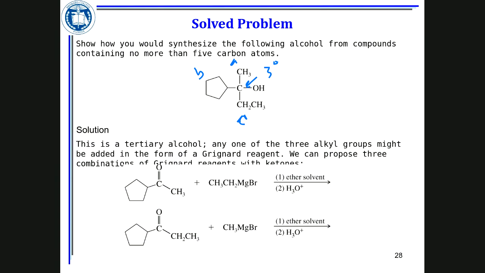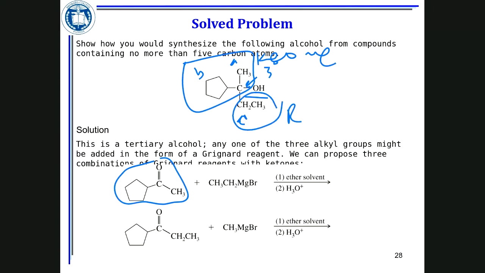If it's A and B, you get this ketone. The other group is going to be responsible for the Grignard. So if you take this piece as the ketone, then this one is going to be your Grignard, basically RMgX. Either one of them, any combination can work, and you have these two examples.